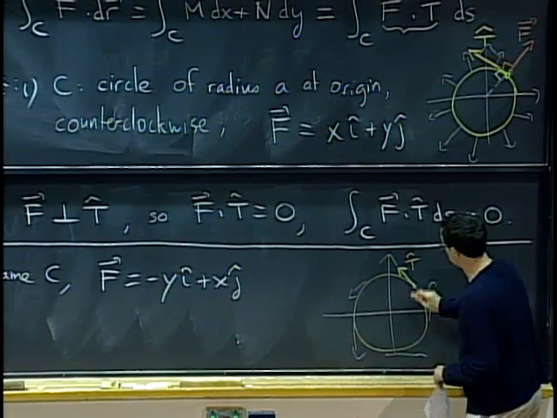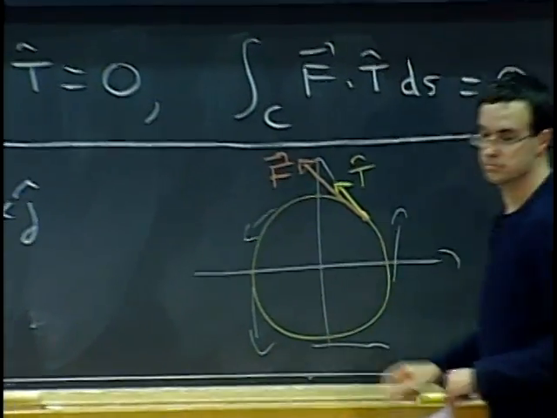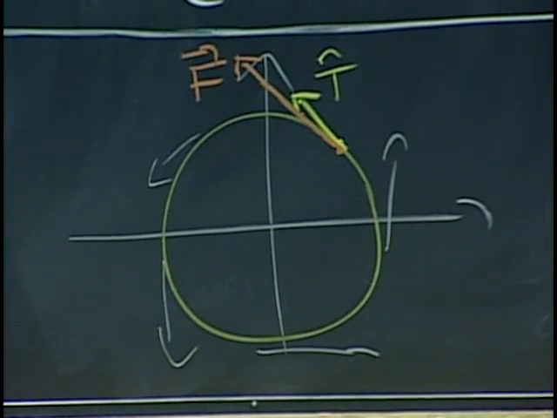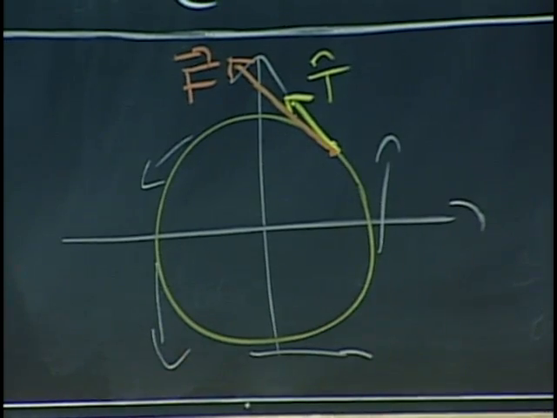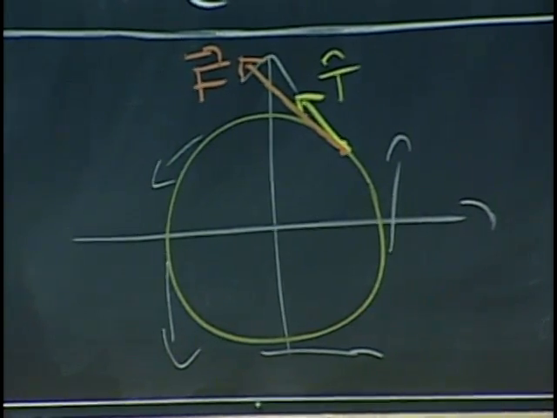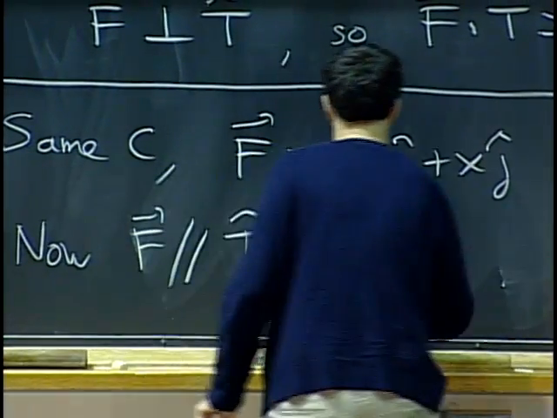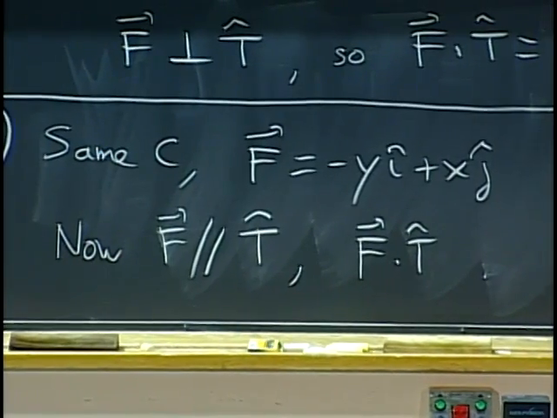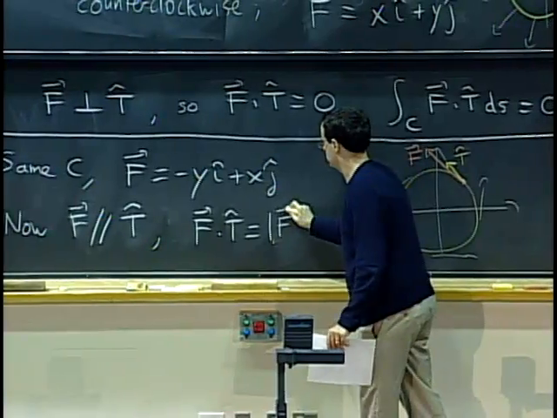So in fact, at this point, the vector field will also be going in the same direction. So now f is actually parallel to the tangent direction. So that means that the dot product f dot t, remember that's the component of f in this direction, will be the same as the length of f.